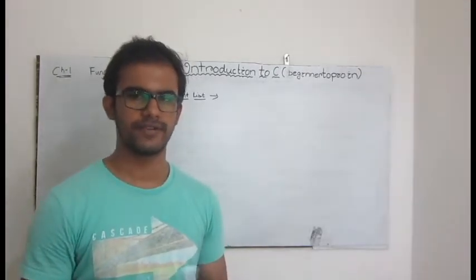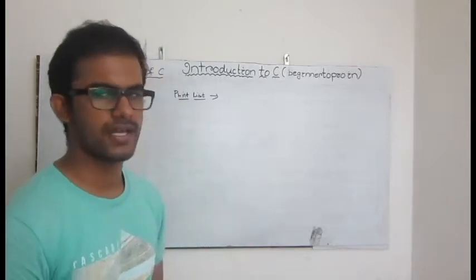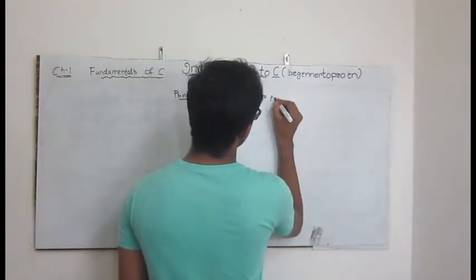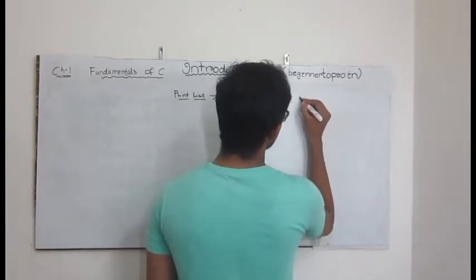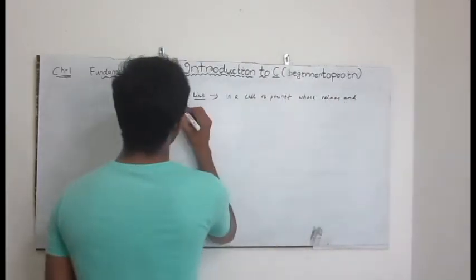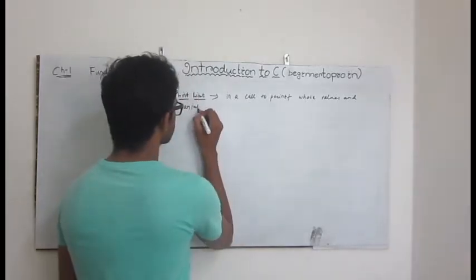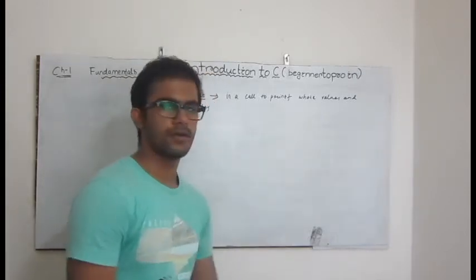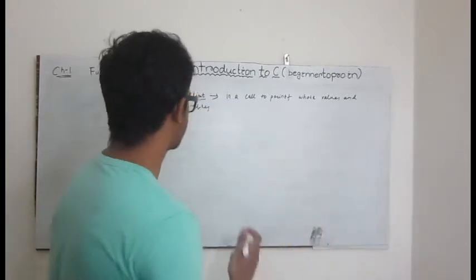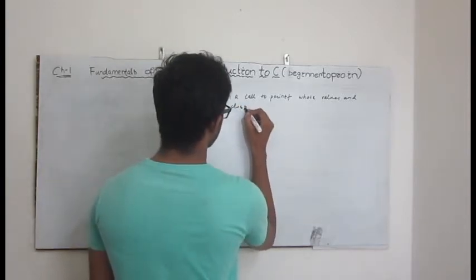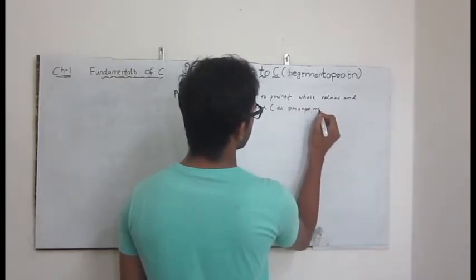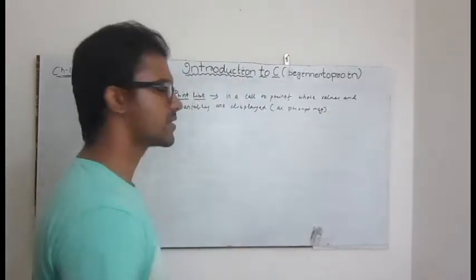In a call to printf, the values and variables are displayed as a prompt message. So this is the concept of print list.